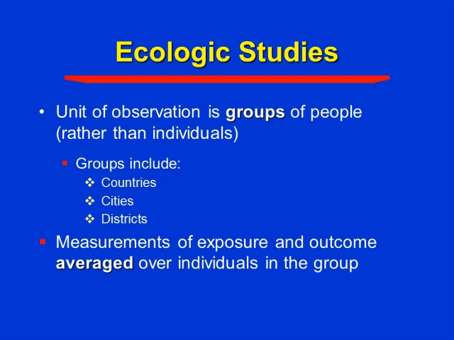The key thing about ecologic studies is that you're measuring your exposure or your risk factor and your outcome or your disease as an average over individuals in the group. So you're not going out and testing each individual person, but rather you're just saying, in this area, the average prevalence of male circumcision is X, and the average prevalence of HIV infection is Y.